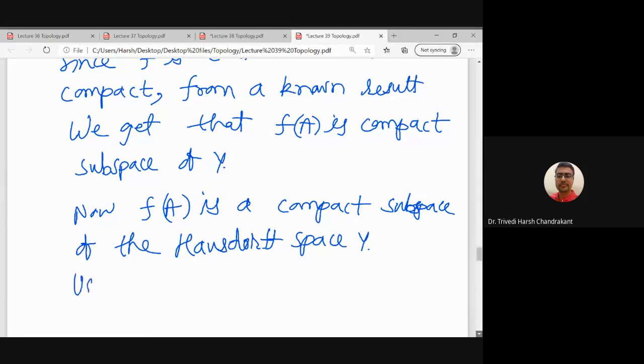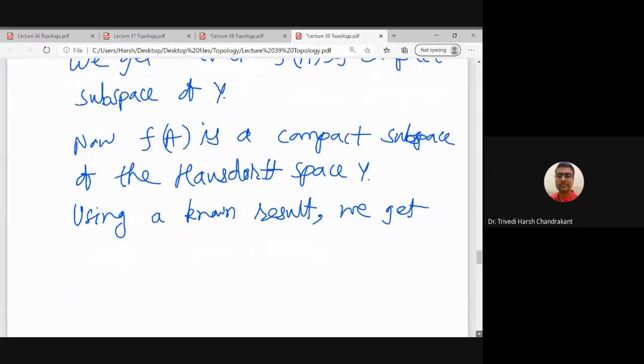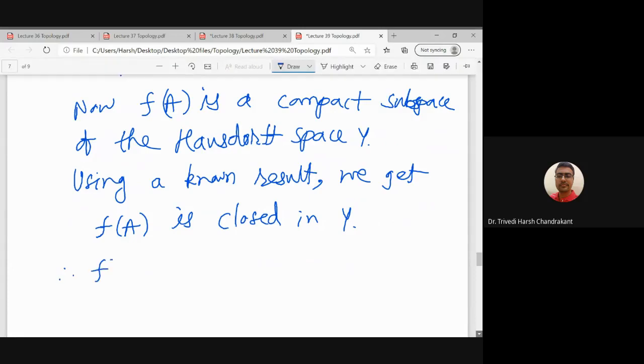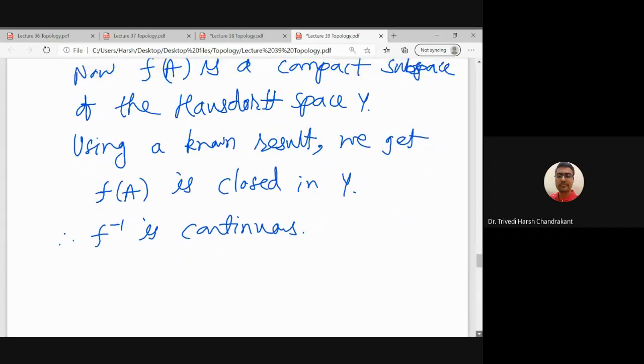So using another known result, we get f of A is closed in Y. Right, so that is what we wanted to prove. We started with a closed set A of X, and we wanted to prove that f of A is closed in Y. This will prove that f inverse is continuous, and since f inverse is continuous and f is bijective and continuous, that is given in the hypothesis, therefore f is a homeomorphism.